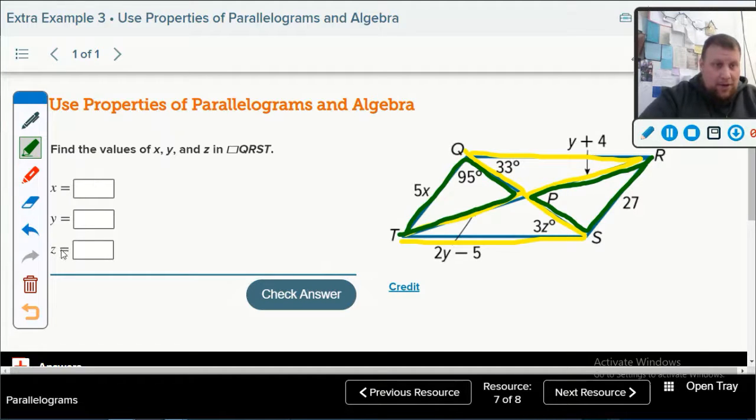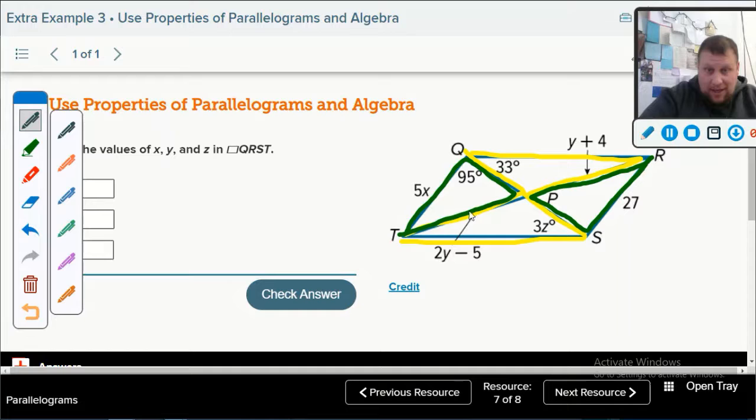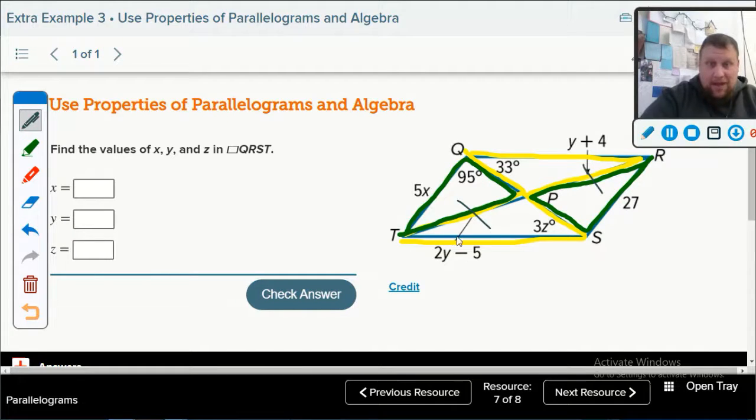And here's what I know. TP is congruent to RP. That's true. I also know that QR is congruent to ST.